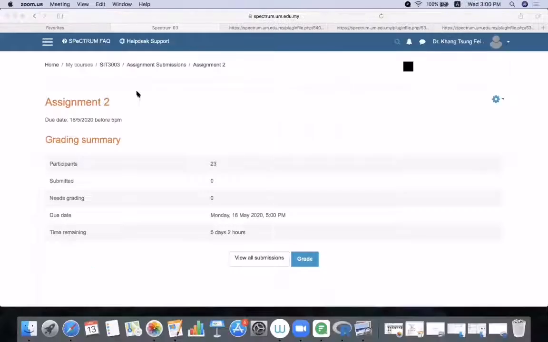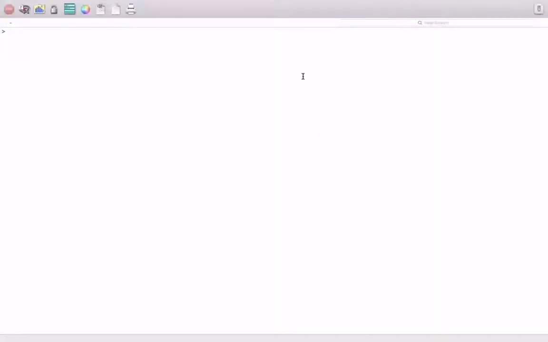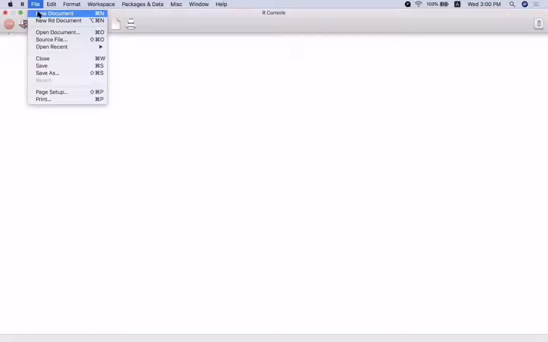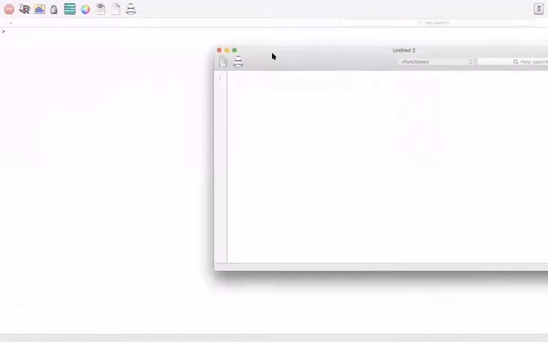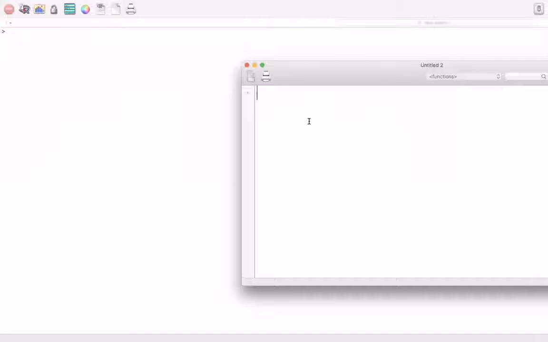Let me see, I should share the desktop. Okay. So in the first case, let's say I will simulate 10,000. You can simulate as many as you want, as many as your computer can take, but usually around 1 million should be okay.